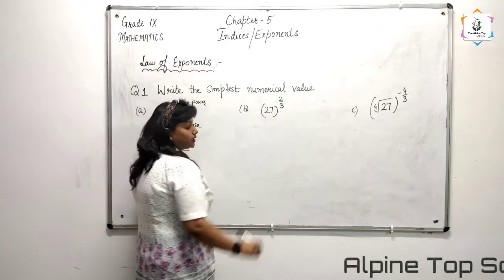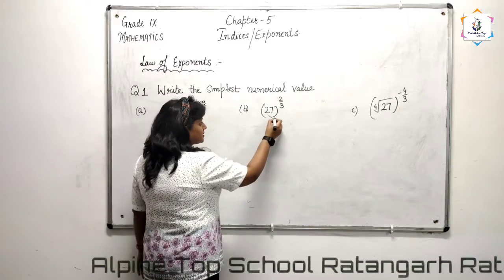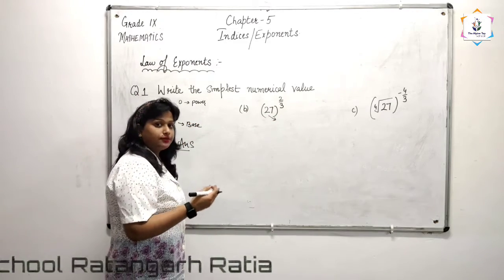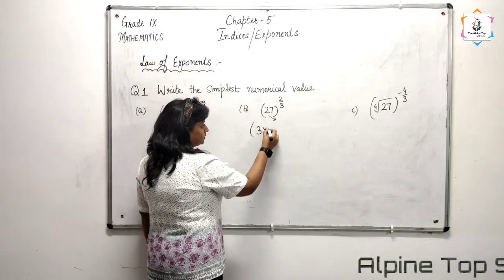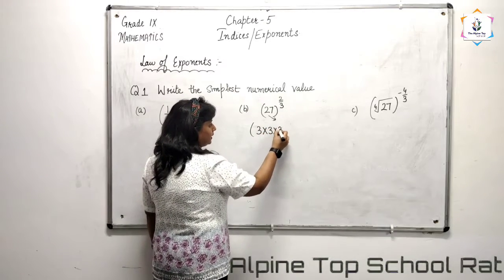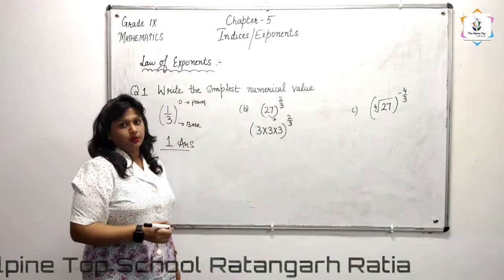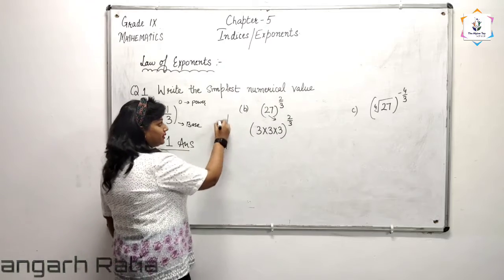27 raised to power 2 by 3. First of all, whichever base is given to you, you have to make the factors of that number. So what is the factor of 27? 3 multiply 3 multiply 3. You can find out by LCM. If you don't know, then you can find out by LCM like this.